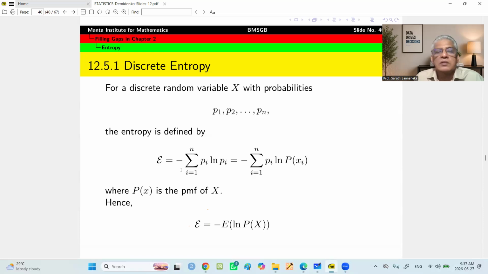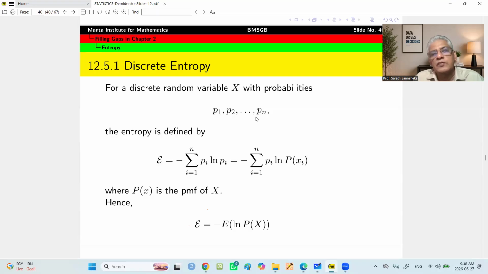In this case, the commonly used entropy, denoted by this curly E here, is calculated as negative summation of pi times log pi, right? The pi's are the probabilities that any observation of x will be in category i. So the measure is defined as negative summation from i equals 1 to n of pi times log pi.